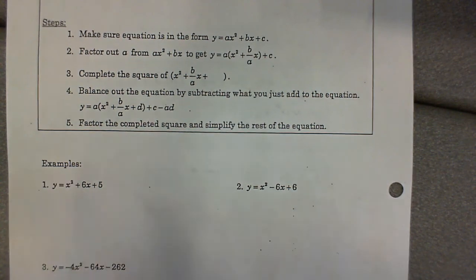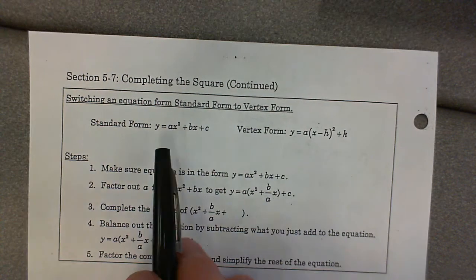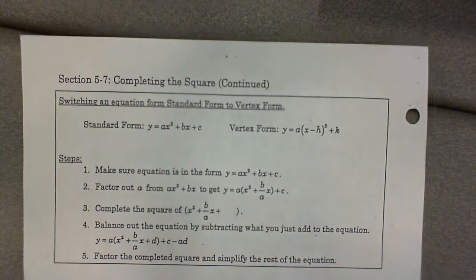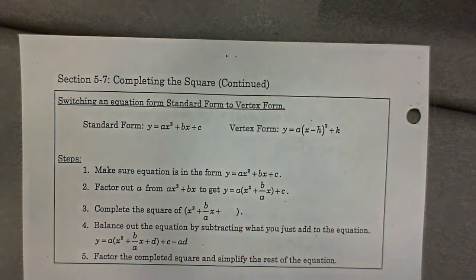Okay? Here's an equation that's in standard form. Now we'd like to put it into vertex form. Now notice that vertex form has a binomial squared.